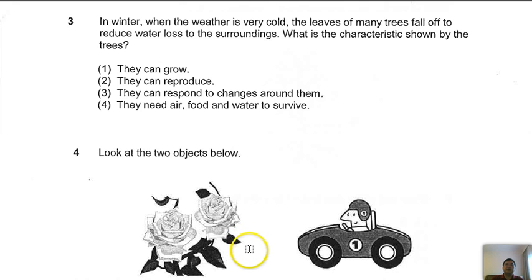In winter, when the weather is very cold, the leaves of many trees fall off to reduce water loss to the surrounding. What is the characteristic shown by the trees? Now, probably some knowledge you need to have. The leaves do give out water. As they give out water, the roots are able to absorb water.